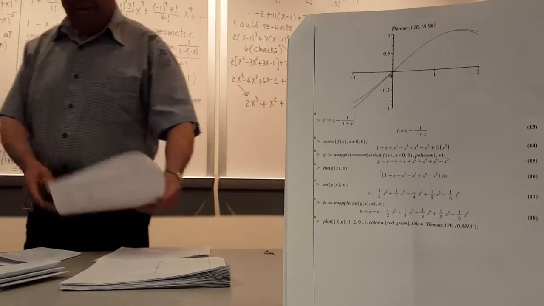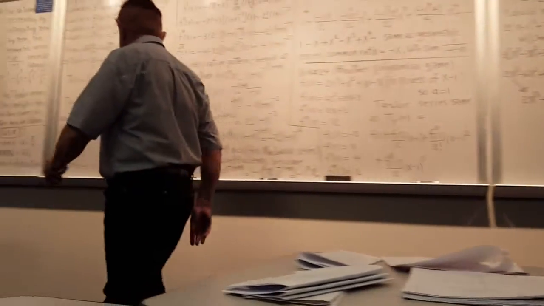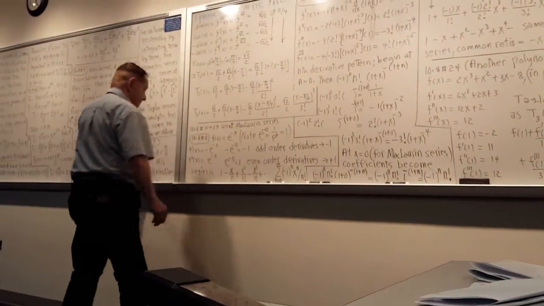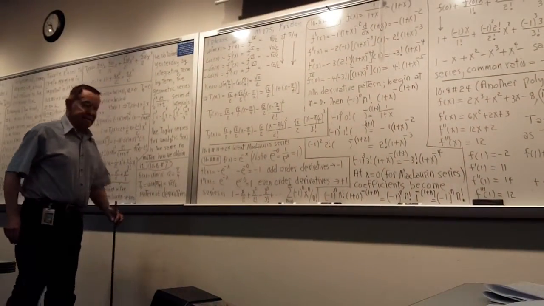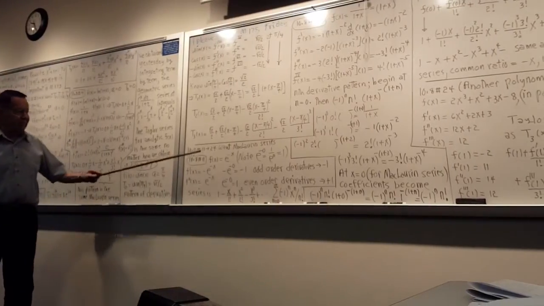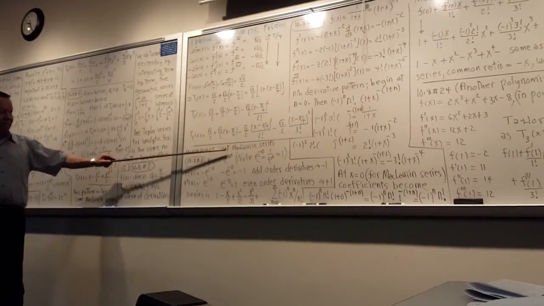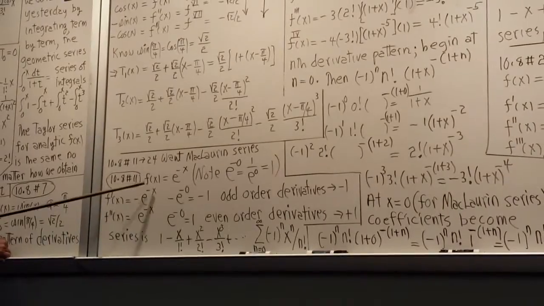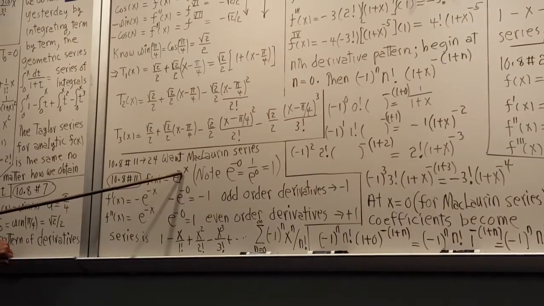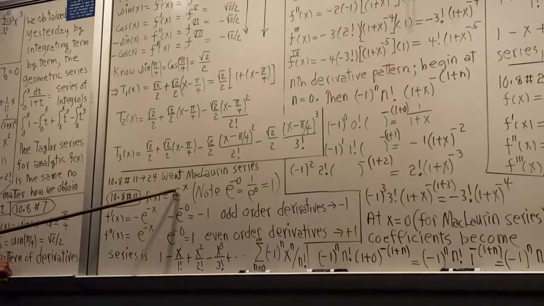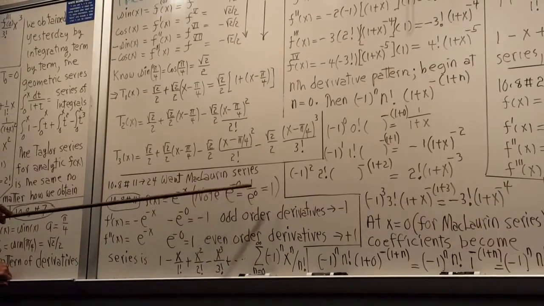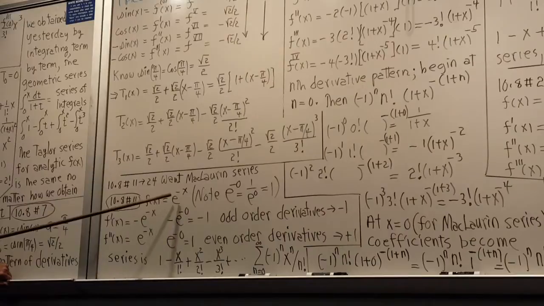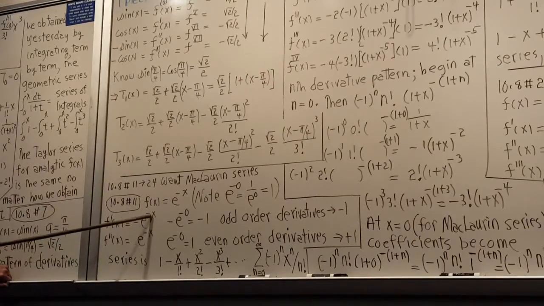Okay, then suppose you look at the group 11 through 24. In the homework, they want the Maclaurin series. So with 11, you have e to the minus x. So e at 0, that's e to the minus 0, which is 1. Then your derivative is minus e to the minus x. Your second derivative is plus.